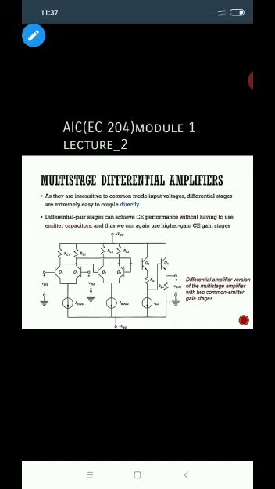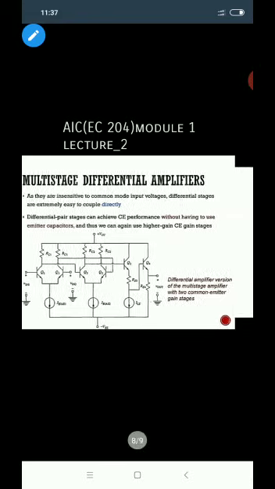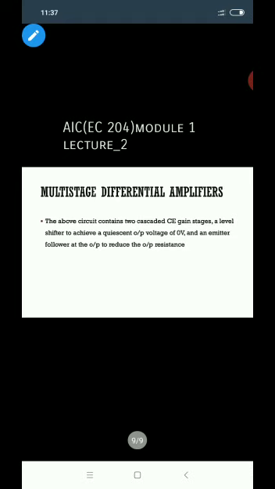Along with the differential amplifier multi-stage, here we are using an emitter follower at the output to reduce the output resistance. The above circuit contains two cascaded CE gain stages, a level shifter to achieve a quiescent output voltage of 0 volt, and an emitter follower at the output to reduce the output resistance. Okay, I will share the notes along with this class.